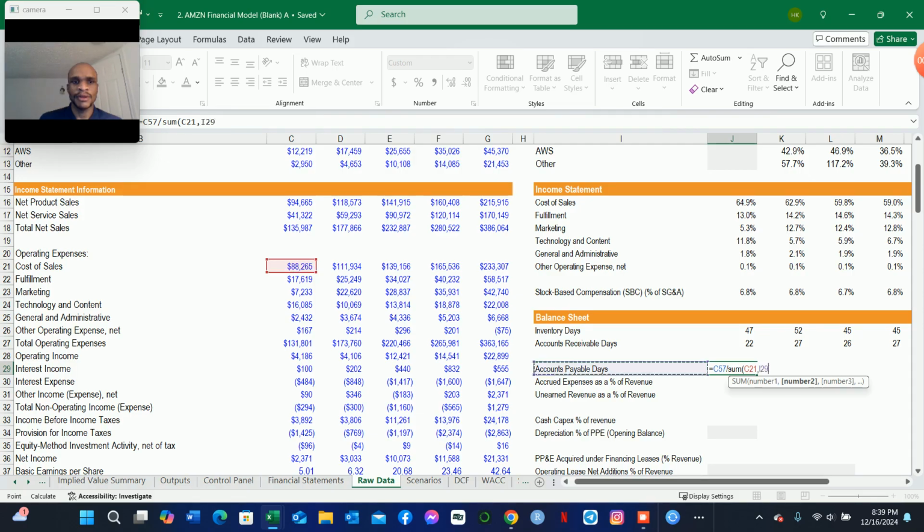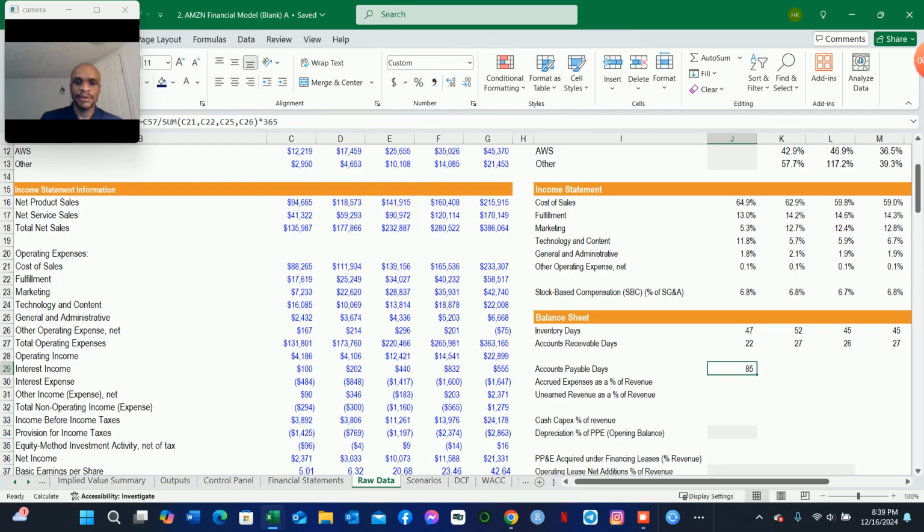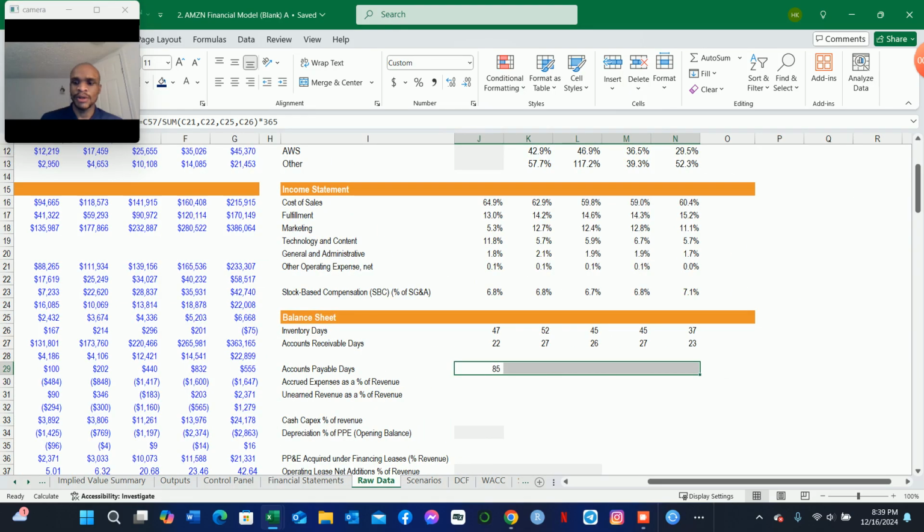So we take cost of sales, we take fulfillment, we exclude marketing, technology, and content, and we take general and administrative expenses and other operating expenses Amazon might have payable terms on. And then we multiply that by 365 days in a year. We can fill that right.